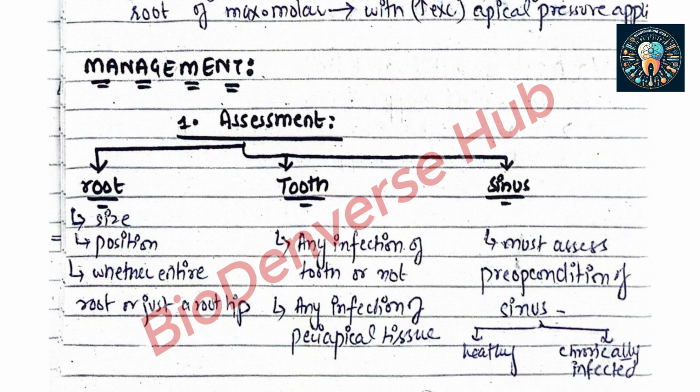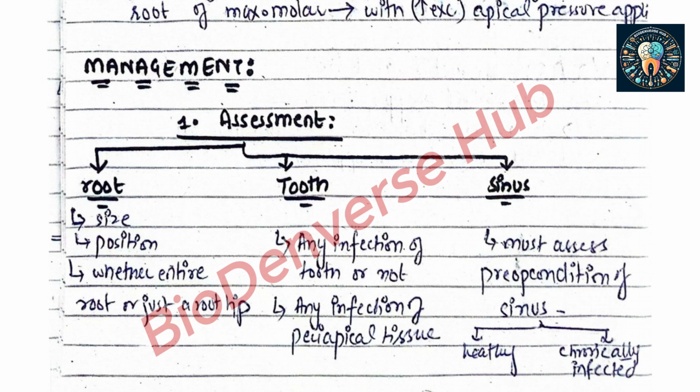After that, you need to assess the tooth as well: is any infection of the tooth present, or any infection of the periapical tissue? Most importantly, you need to assess the sinus as well, and its precondition, whether it was healthy or chronically infected. So these were the important assessment criteria.